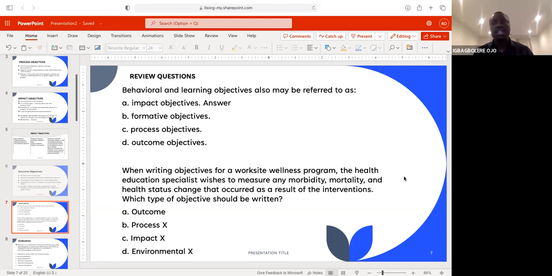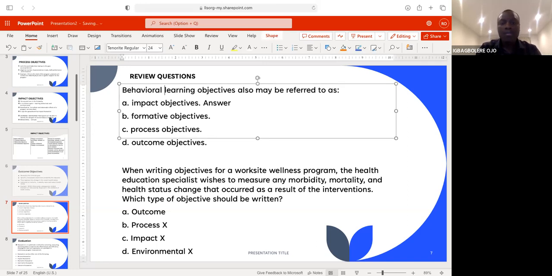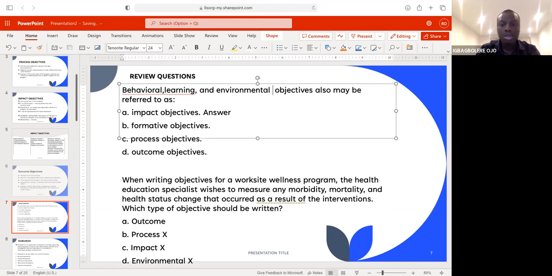Of course, I said earlier, the only objective that has different components is the impact, behavioral, learning, and environmental. So we can also throw into this question that behavioral, learning, and environmental objectives also may be referred to as what?